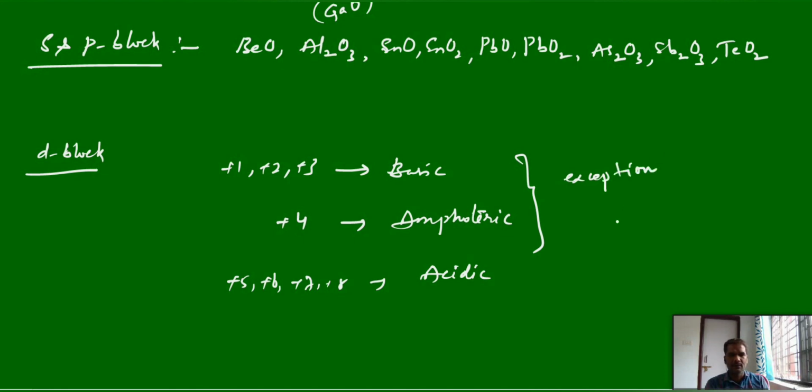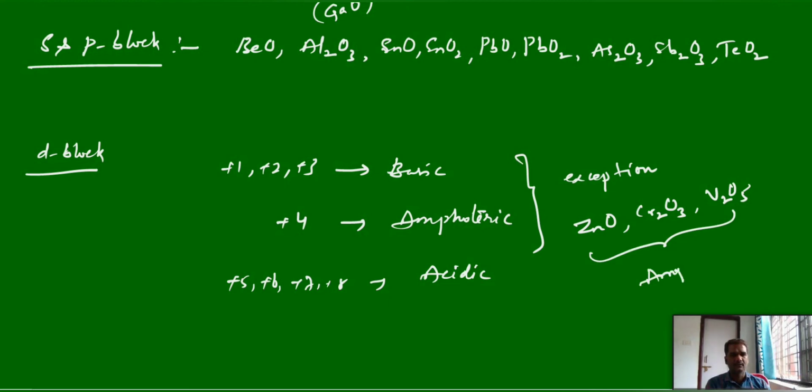If you remember these exceptions, you can identify. They are zinc oxide, where zinc is in +2 oxidation state, chromium oxide, where chromium is +3, and vanadium pentoxide, where vanadium is +5. These three are amphoteric.